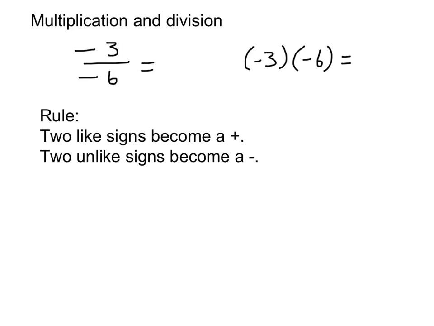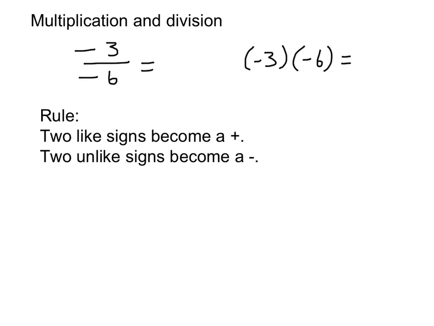What happens for multiplication and division involving negative numbers? Let's say we were asked to do these questions. Minus 3 divided by minus 6 equals, and minus 3 multiplied by minus 6 equals. The good news is that the rule we use for adding and subtracting can be applied for multiplying and dividing also.